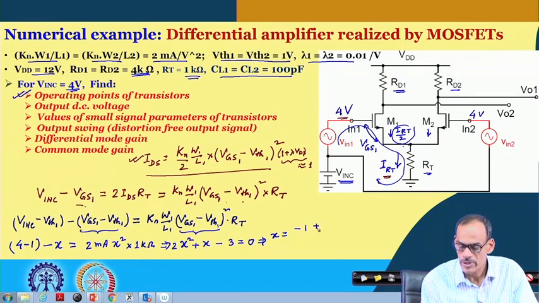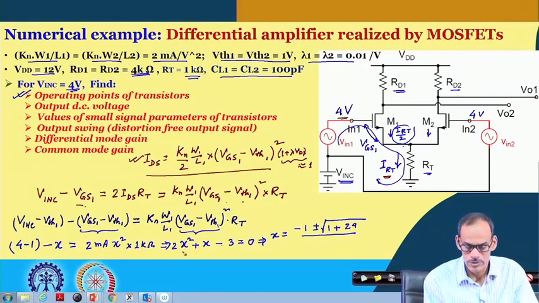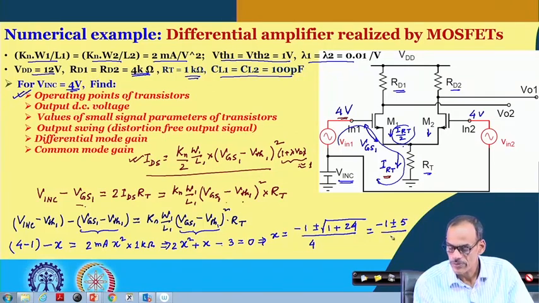From that you can get x equals minus 1 plus minus square root of 1 minus 4 into minus 3 into 2, that is plus 24, divided by 2a, that is 4 here. So, here we do have minus 1 and then plus minus square root of 25, that is 5 by 4.